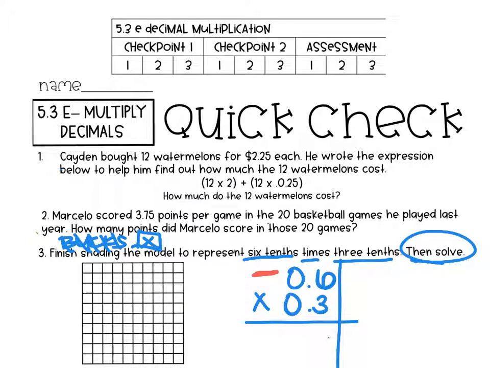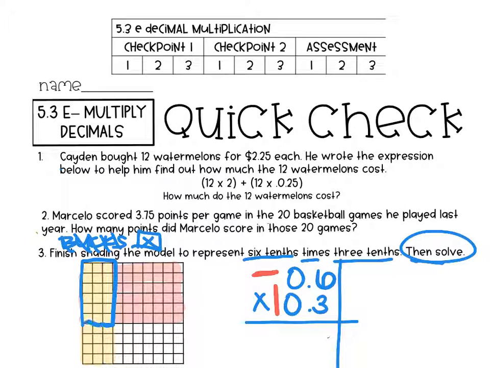So I've got to do 1, 2, 3. Okay, so that represents 6/10, okay? Then I've got to do times 3/10. So I'm going to do 1, 2, 3/10. And then where it overlaps is right here.